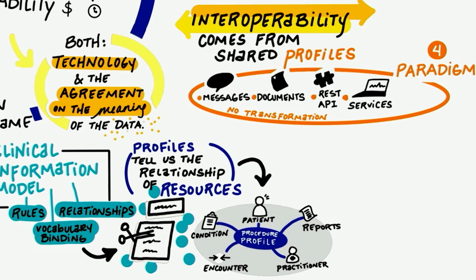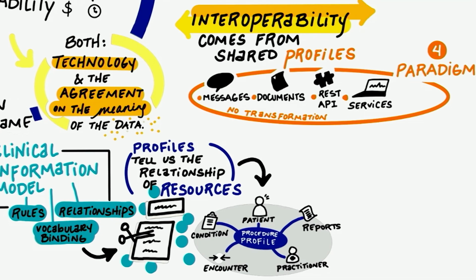The FHIR procedure resource would tell you in the details that we can't see from 20,000 feet, that FHIR procedure resource would tell you what procedure exactly it is. There's a patient resource upon whom the procedure is performed. There's a practitioner who performed the procedure. There is a condition that's the reason the procedure was performed, all of those being FHIR resources that would be profiled for this particular use case.